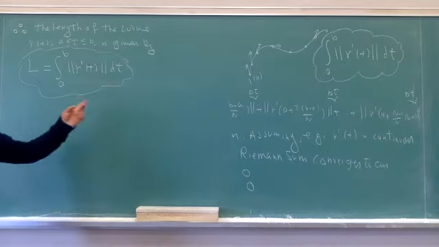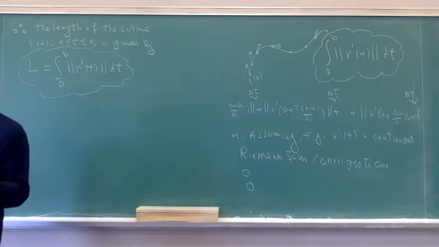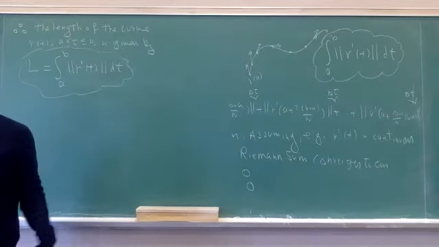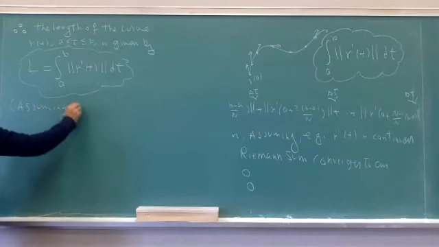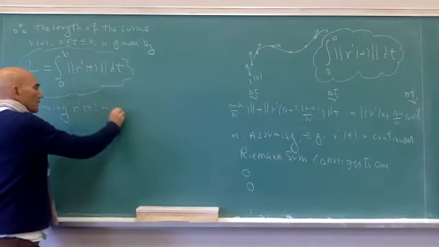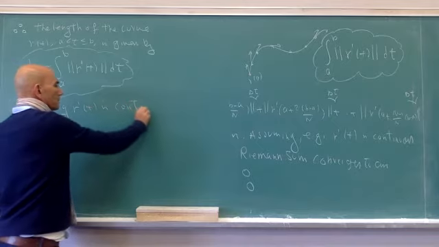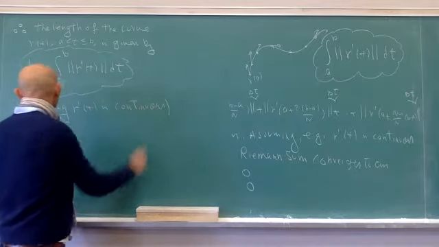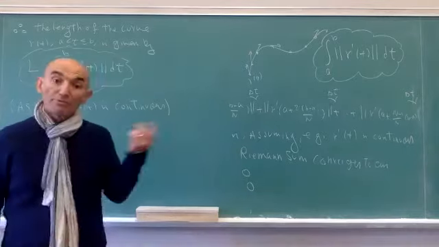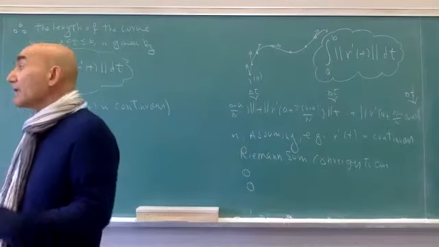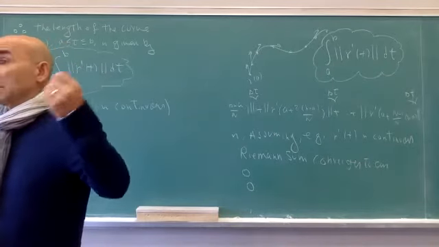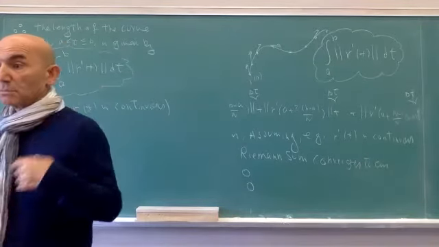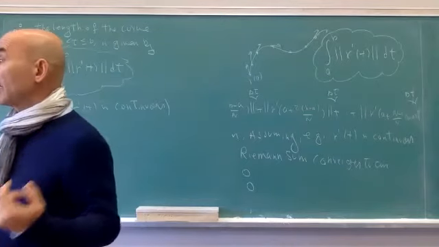Of course, remember this was under the condition that r prime of t is continuous, for example. So I just put it, assuming r prime of t is continuous. If r prime of t is not continuous, some curves may not have length even. It may be a continuous curve, but may not have length. Its length might be infinite even, or may not even exist.